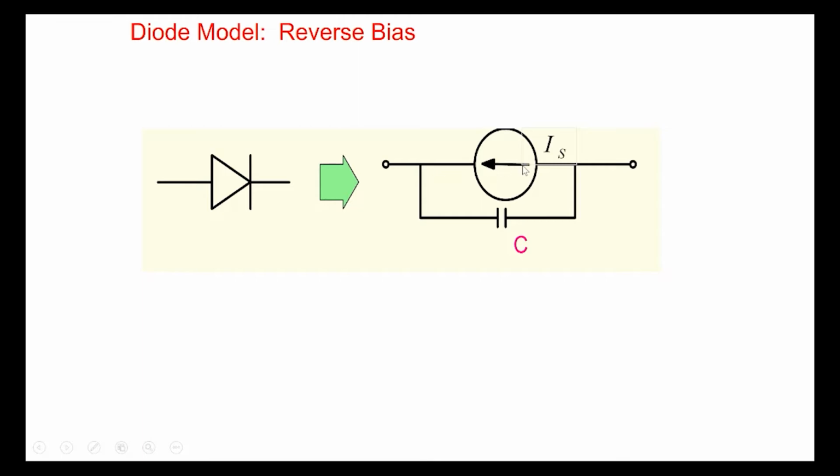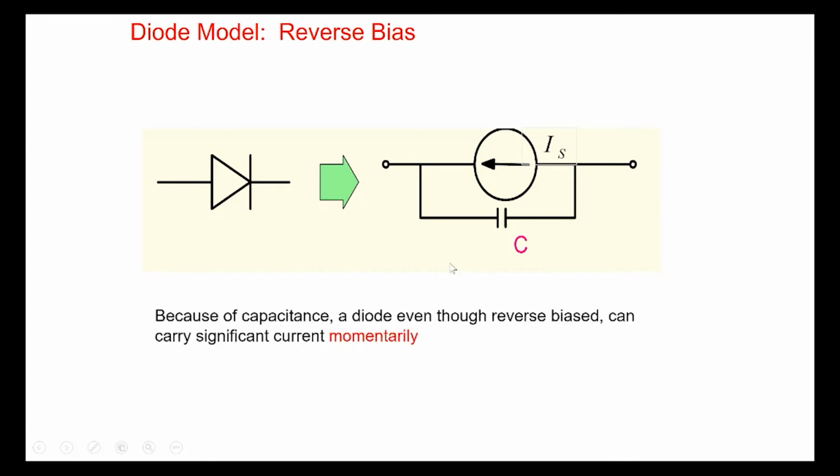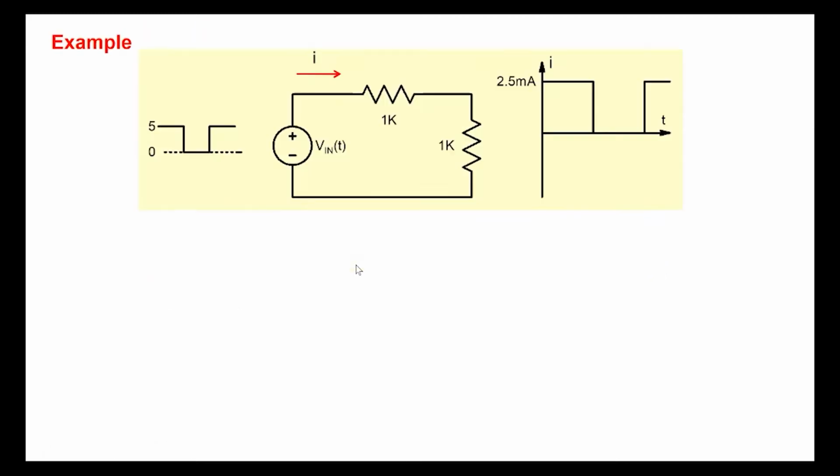In that case, the current is small, and this model is valid. Normally when we reverse bias a diode, the current is very, very small. But because of the presence of the capacitor, under transient conditions a significant current can flow through the diode in the reverse bias direction also. So let me illustrate that.